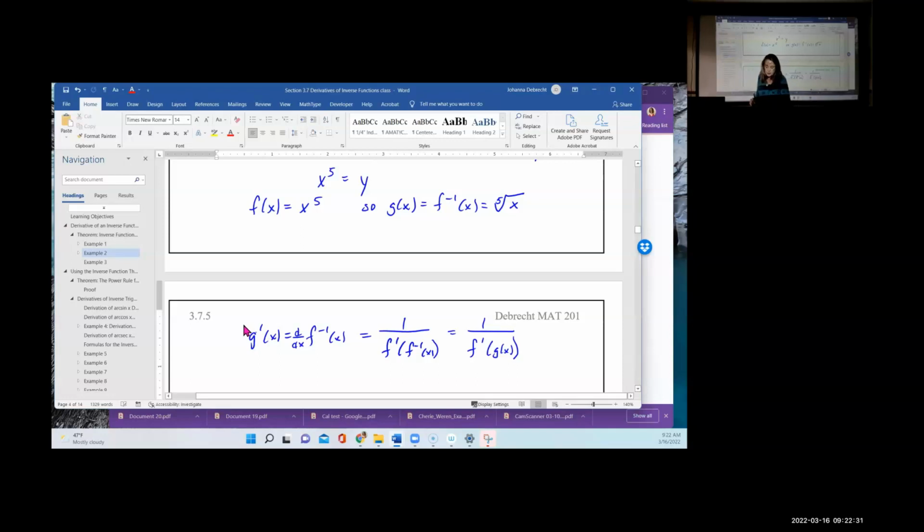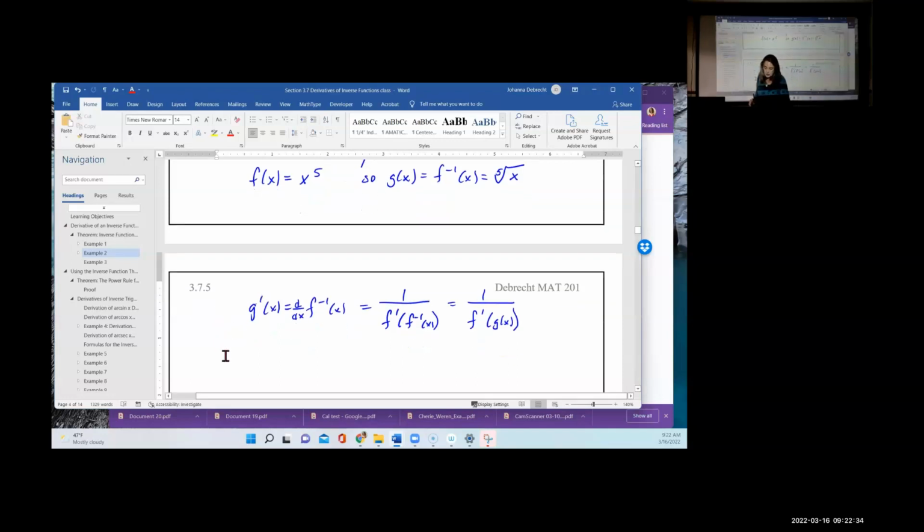Right? So I need the derivative of the original function f. So the derivative of x to the fifth, f prime, is going to be 5x to the fourth. So I'm going to come down here and I'm going to write 5 times something to the fourth. And this is all in the denominator of the fraction. And then I'm going to substitute in here whatever the inverse function was, which in this case is the fifth root of x.